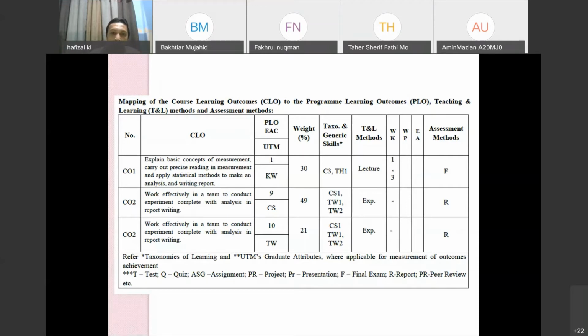I will give you a timeline for the report. Let's say the lab activities take place in week number 4 or 5. In 2 weeks' time, you will be able to submit your lab report in group.